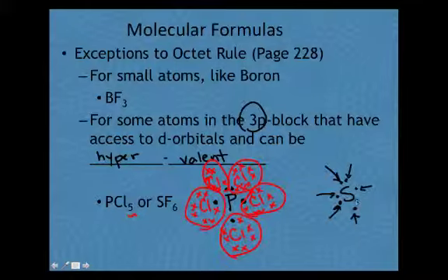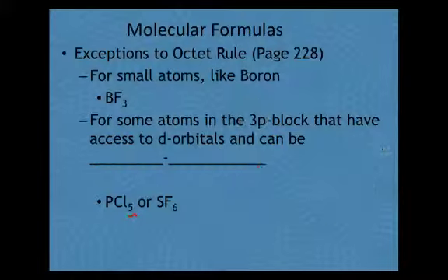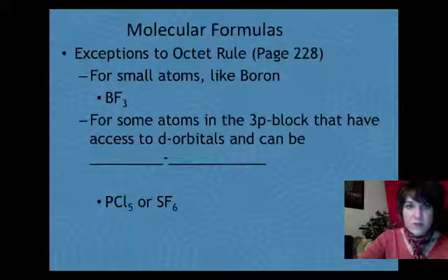So what you'll notice is fluorine, chlorine, these guys are very, very reactive, right? And so if they're going to form a hypervalent compound, then it's usually going to be with highly reactive halogens like fluorine and chlorine because they're very electron loving. They like having all those extra electrons around. That's a pretty stable configuration for them.